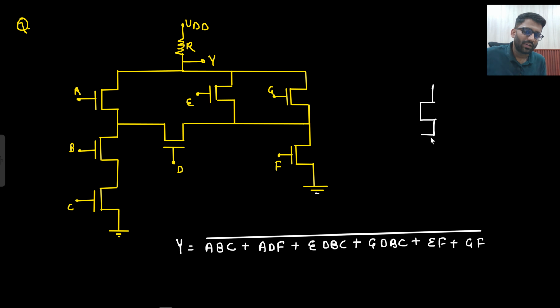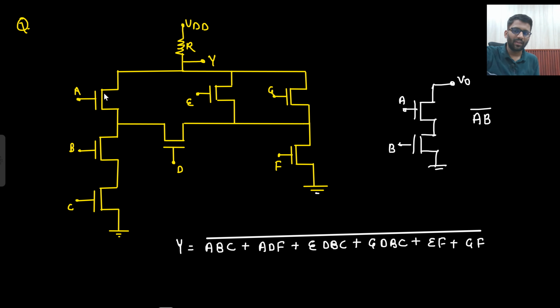For the earlier expression, what did you write, your V naught or Y? You know that if A and B are on, then it will make your Y equal to 0, so you put a bar. Same thing we are doing here. If A, B and C are on, or A, D, F are on, or E, D, B, C are on, or E, F are on, or G, F are on, then I will get a short circuit path.